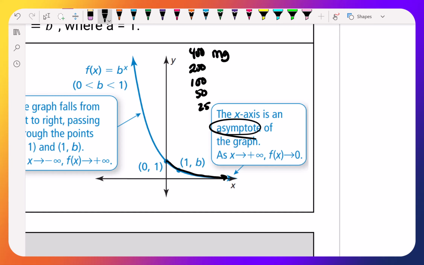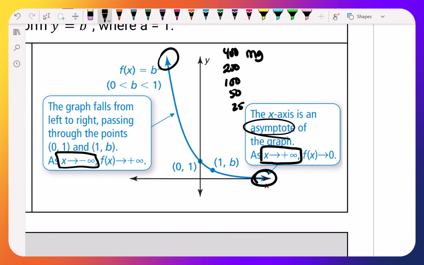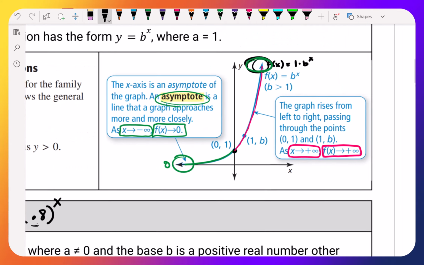No, it's never going to get there. So that's what creates this asymptotic type feel to it. So as it travels to the right, it's going to get closer and closer to 0. But on the left, it's clearly going up. So as you travel to the left, you approach positive infinity. So that's what a decay looks like. And this is what a growth looks like.